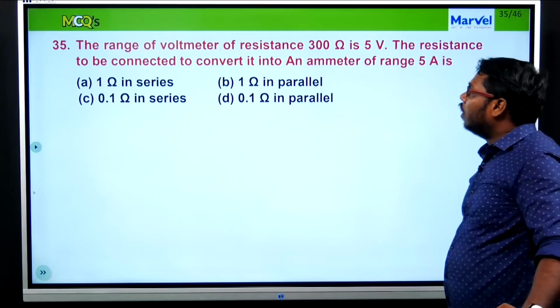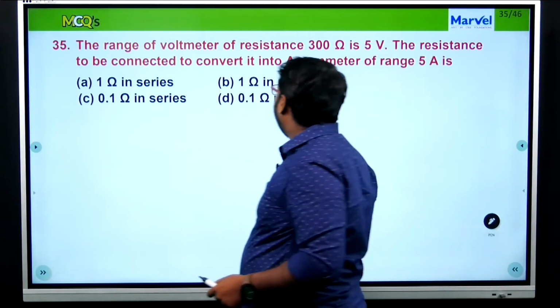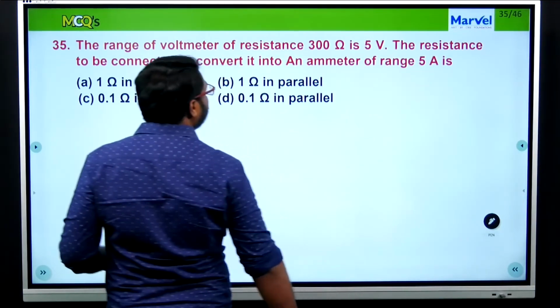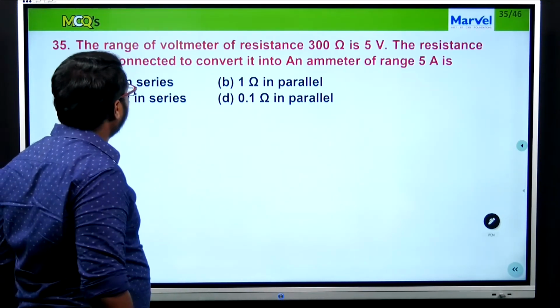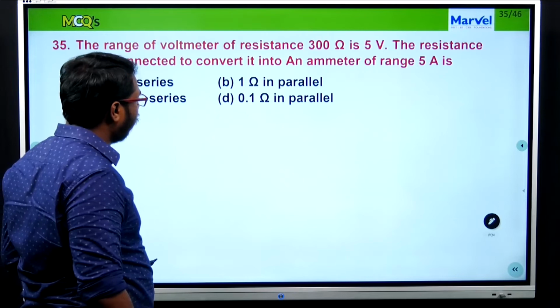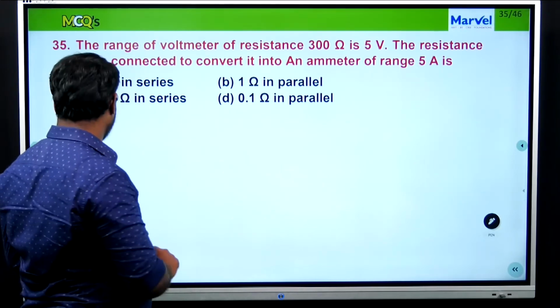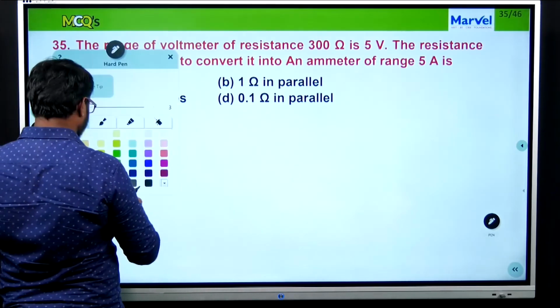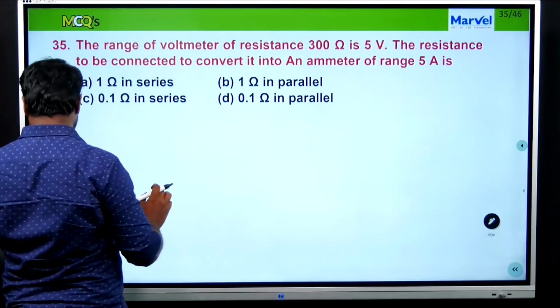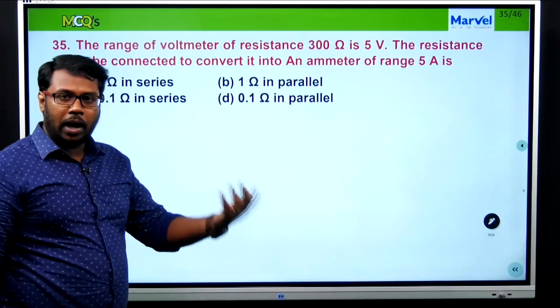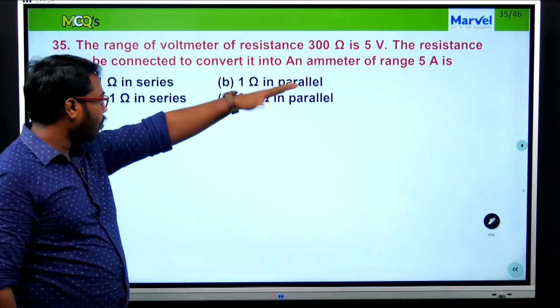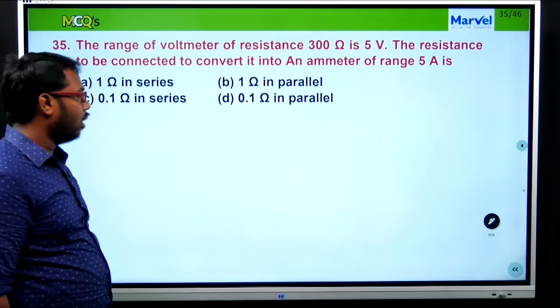Here, the range of the voltmeter of resistance 300 ohm is 5 volt, and the resistance to be connected to convert it into an ammeter of range 5 amperes is? So now what you have to do is find how much resistance is required to connect to the galvanometer to convert it to an ammeter of range 5 amperes.